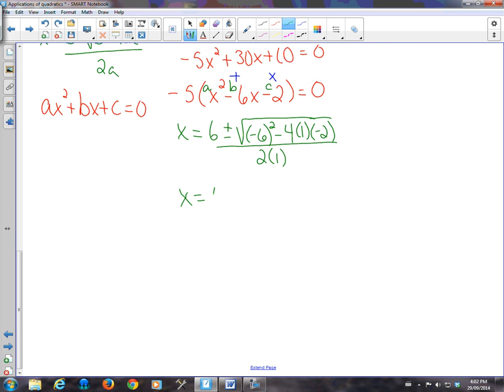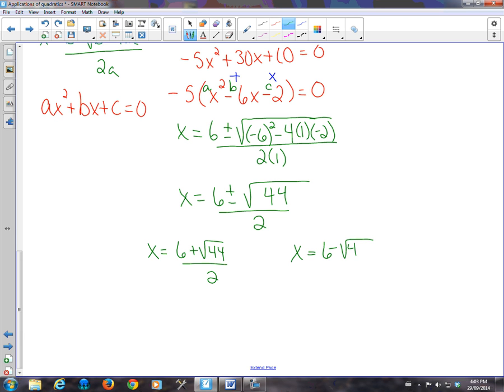So we have 6 plus or minus the square root of 36 plus 8, 44, over 2. So I'm going to calculate that. I'm going to do plus the square root of 44 and divide by 2. And I'm going to do minus the square root of 44 and divide by 2.